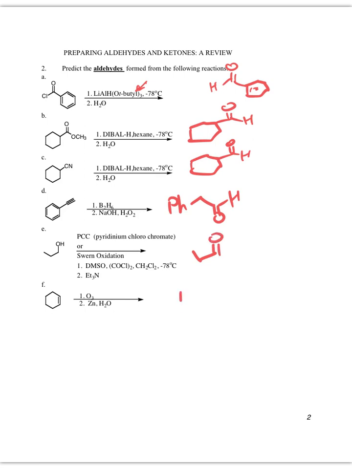And ozone, we learned back in org 1, cleaves a carbon-carbon double bond and creates aldehydes and ketones with zinc and water, or ketones and acids with the hydrogen peroxide. So of these, the first 3 are new, the bottom 3 are old reactions from org 1 and early in org 2.